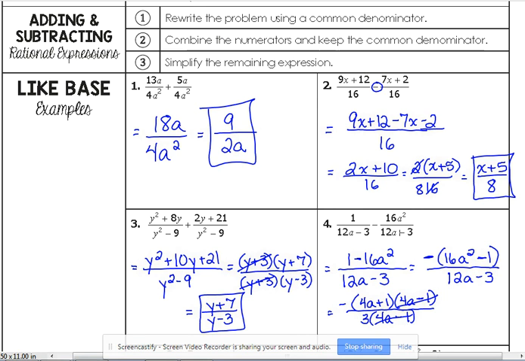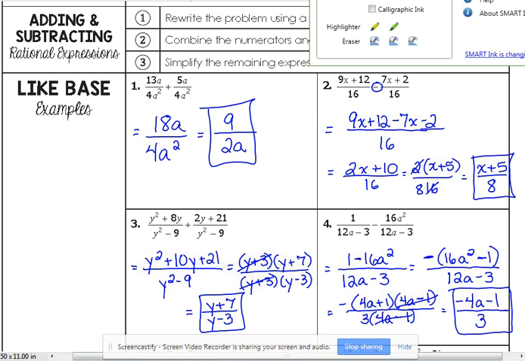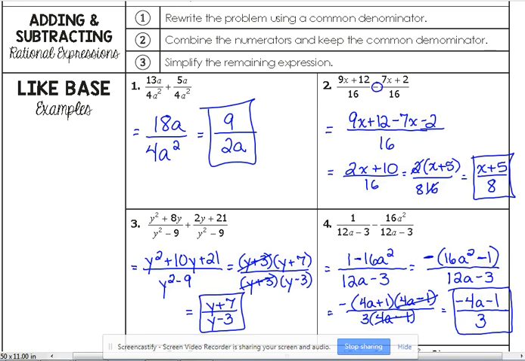So we can cancel the 4a minus 1s. Chances are they're going to distribute that negative in the numerator. So it's probably going to look like negative 4a minus 1, okay, over 3.